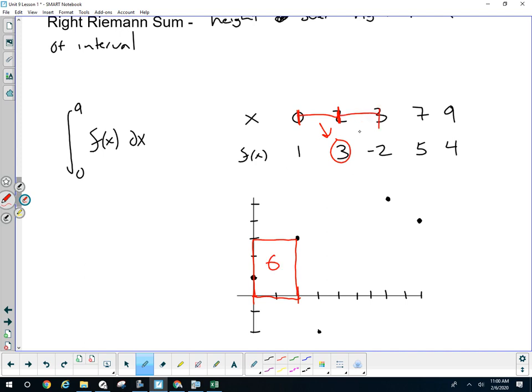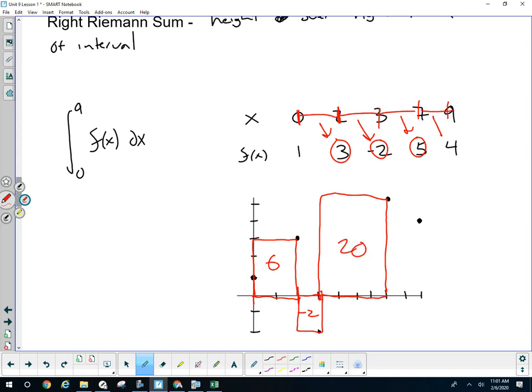Second one from 2 to 3, I'm going to use this height to the right, -2. That's going to be -2. 3 to 7, height of 5. It's 20.